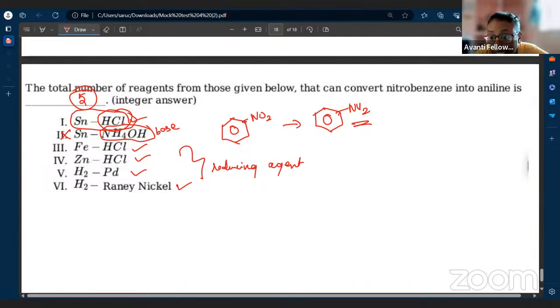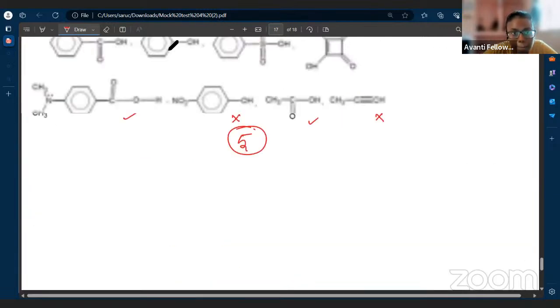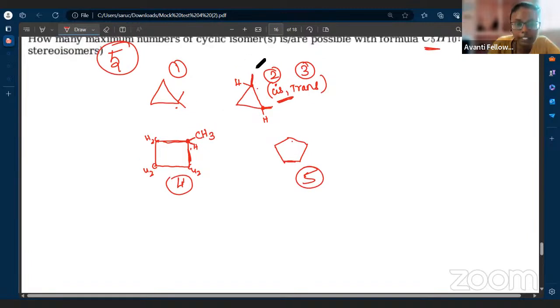Is there no chiral center in the second one? Fine, I'll check it. When you move to the second one, here you have CH3, hydrogen, CH2, CH2. Here you have CH3 attached, and again a carbon containing CH3 and hydrogen. There is some sort of symmetry over here.